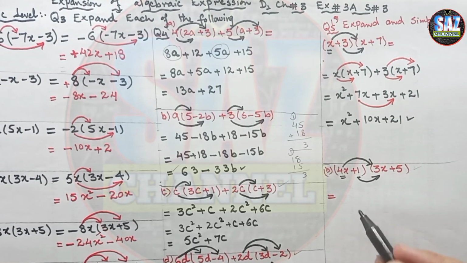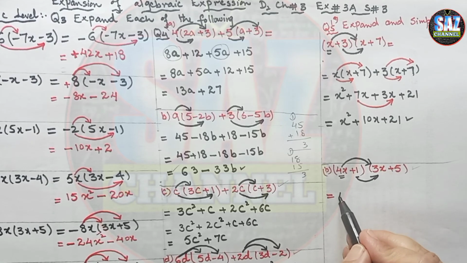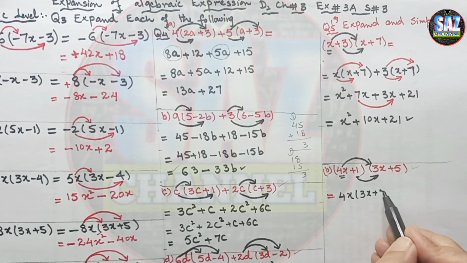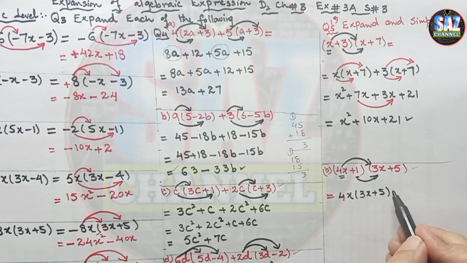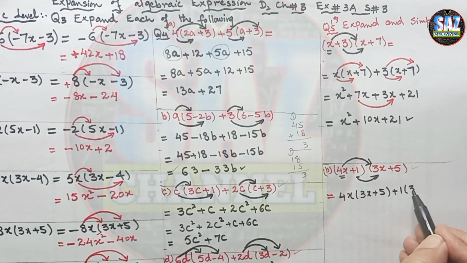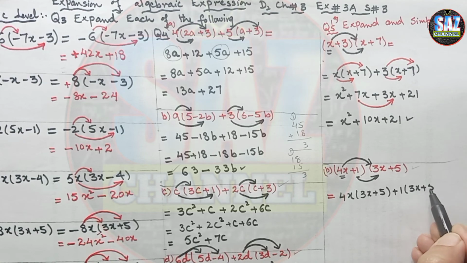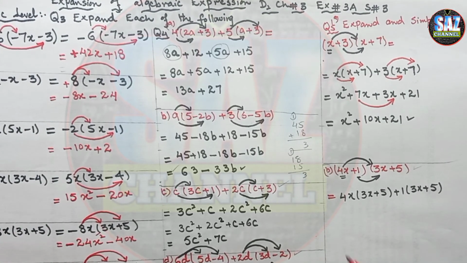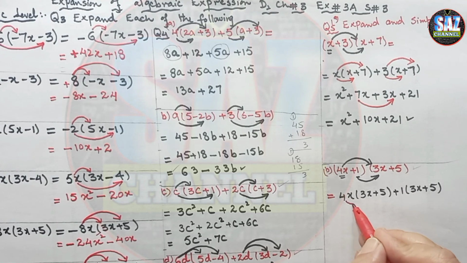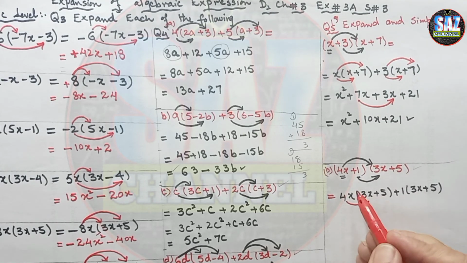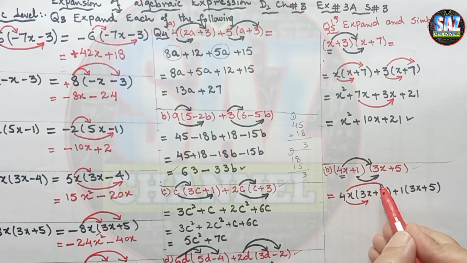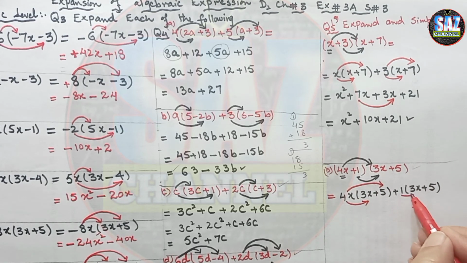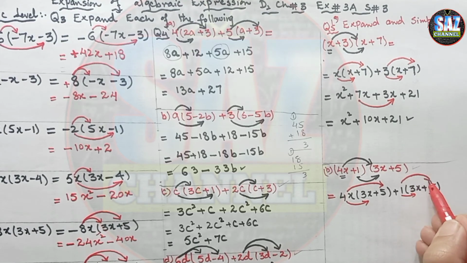So the question will take the form 4x into 3x plus 5 plus 1 into 3x plus 5. Now again I have to carefully apply distributive property. Be careful to multiply every term inside the bracket with the term outside the bracket, otherwise the question will be incorrect.